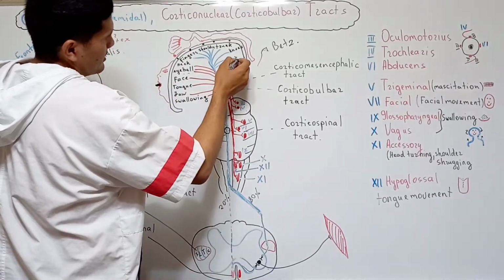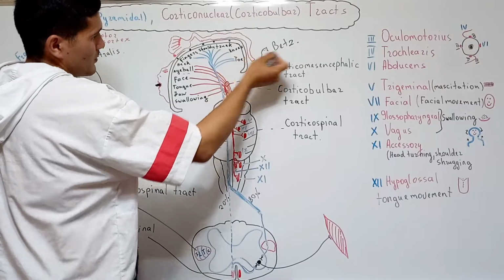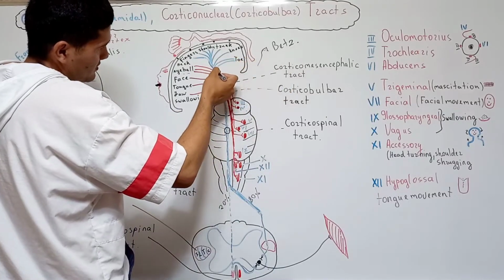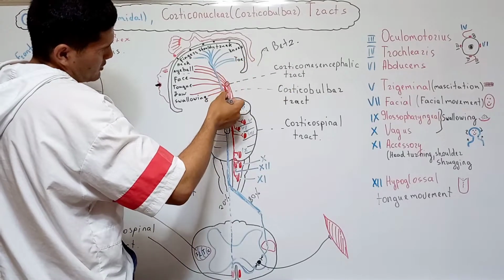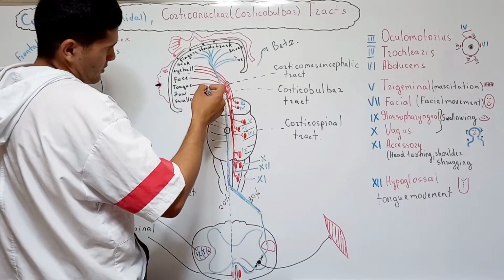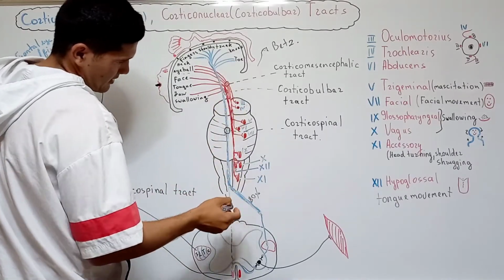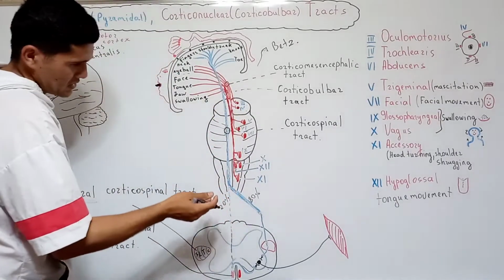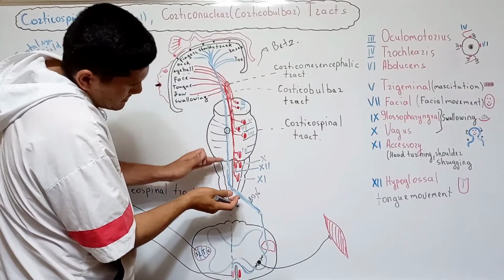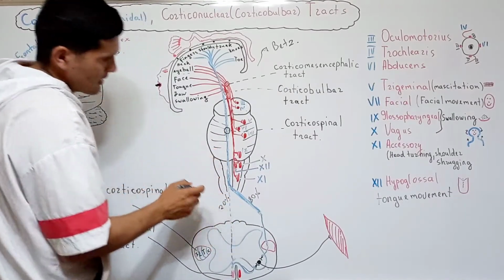After accepting impulses from the Betz cells, axons carry this information to the spinal cord via the internal capsule and brainstem.